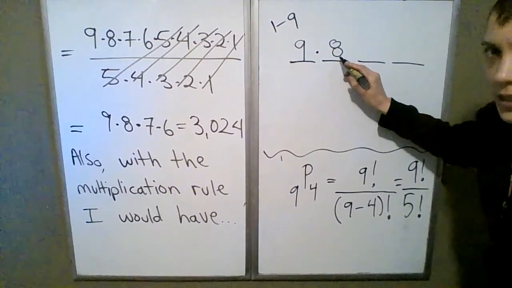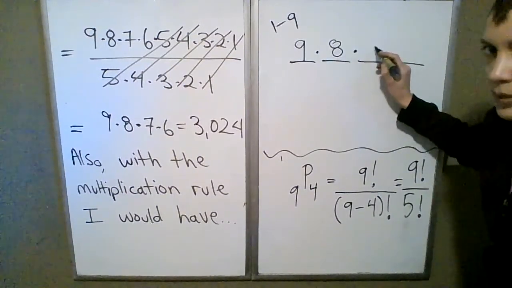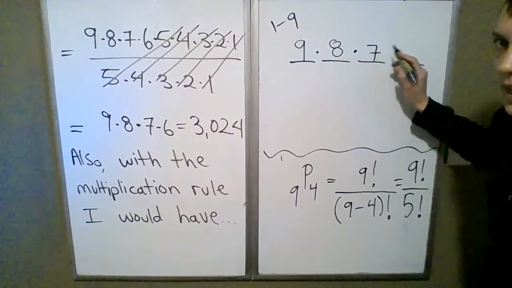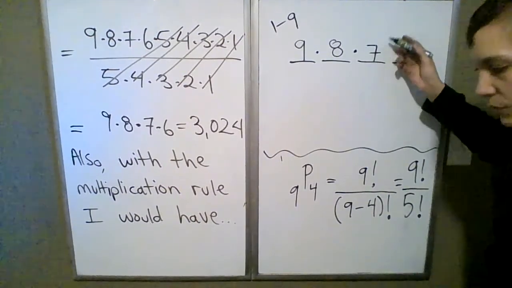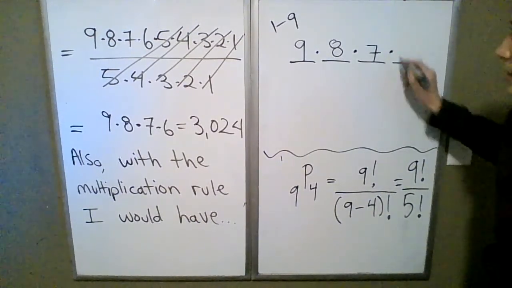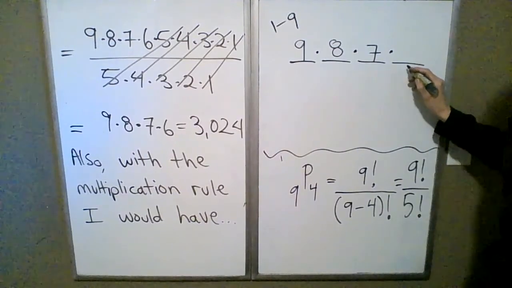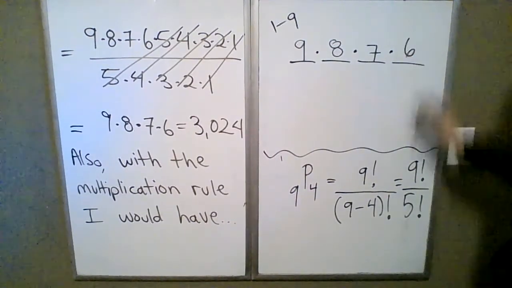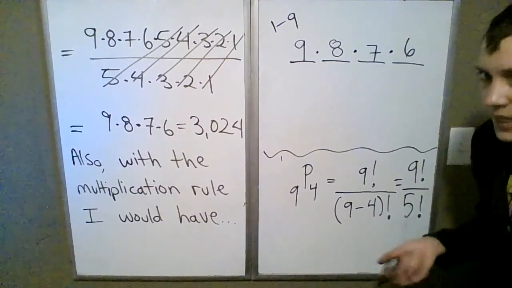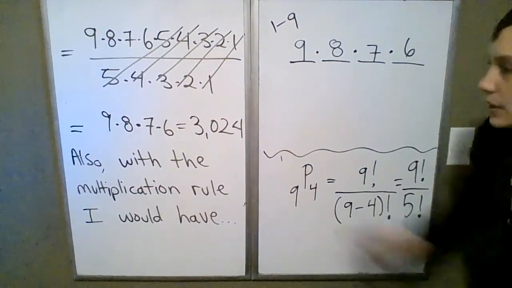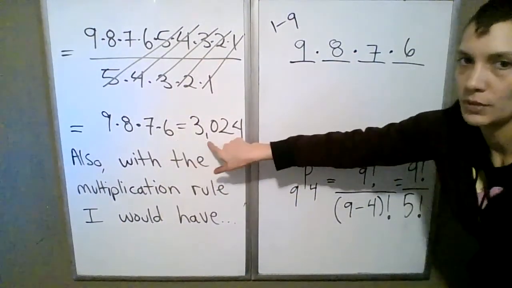And then from those 8, I choose one, and in the next spot, I only have 7 choices. After that, we've removed one of the choices from 7, and what's left is 6 choices for whatever the last digit is. So you end up with the same product and the same number.